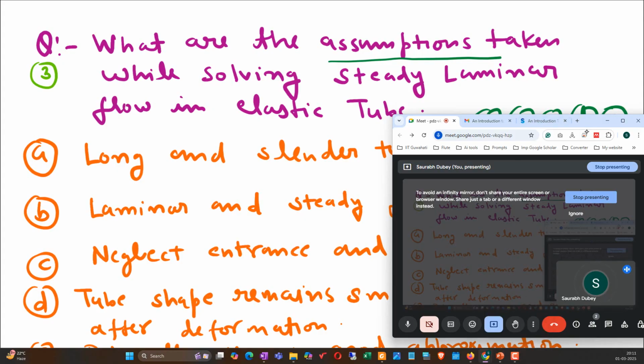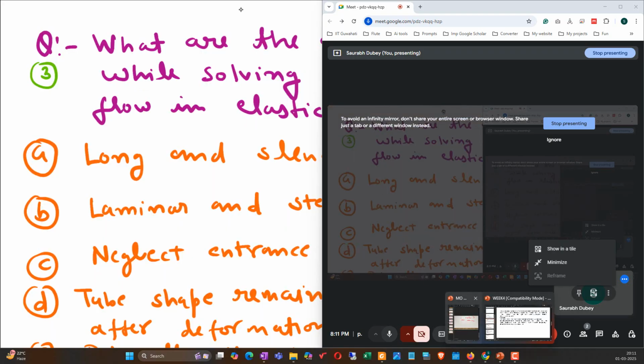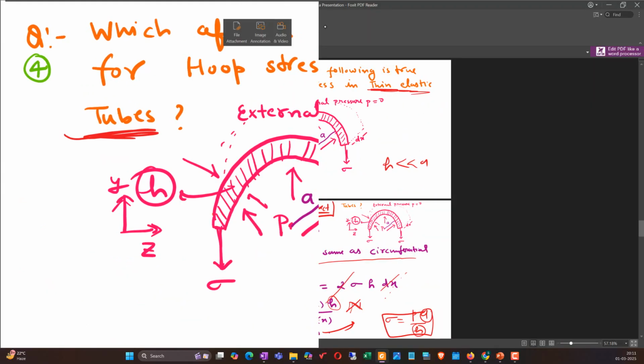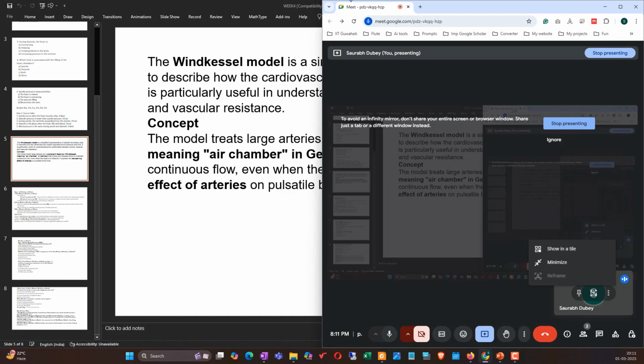I cannot put it here. That's a bit of a hang there. So let me just fix it.